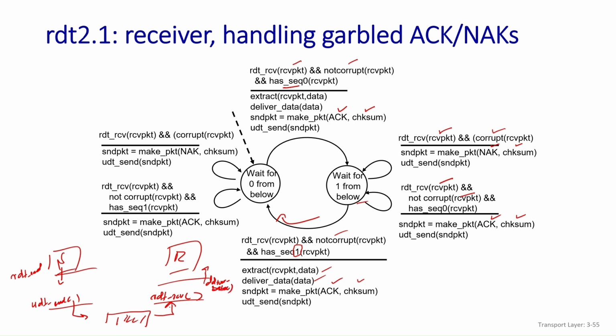So waiting for a call from below means we are in this state where we are always expecting a packet to arrive. And from above means that the packet will be forwarded to the transport layer from the application layer.